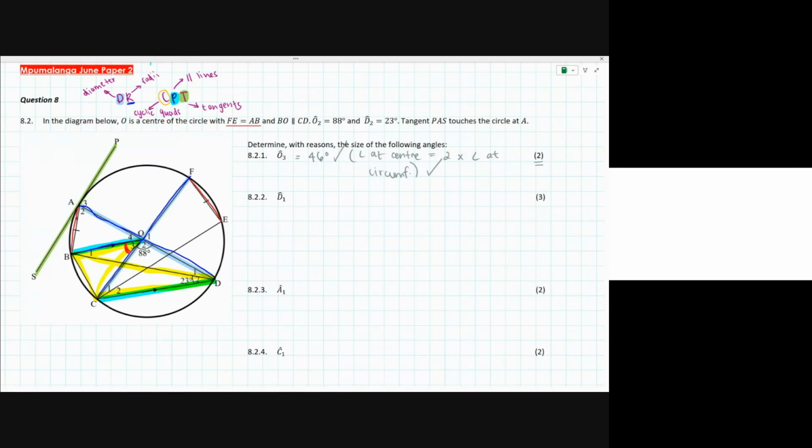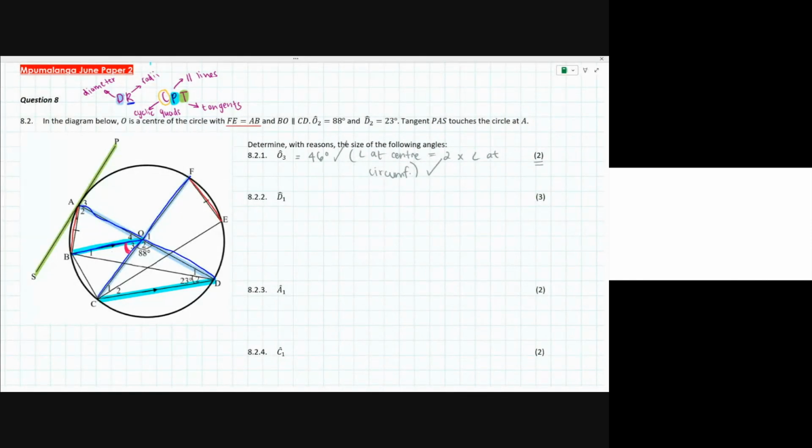Angles in same seg, all 4 vertices must be on the circumference. This is angle at center because you've got one angle at the center, subtended from the chord BC, and the same chord BC also subtends an angle at the circumference. So please, please just be careful when you do go and have a look at that. We don't want to make any silly mistakes.